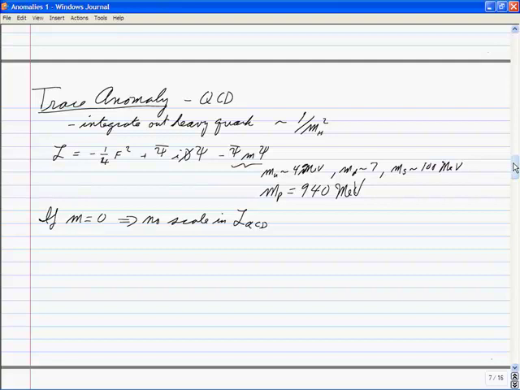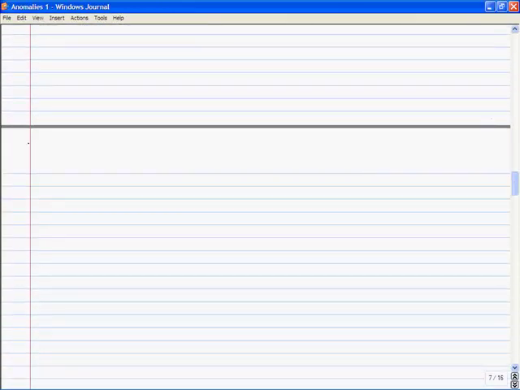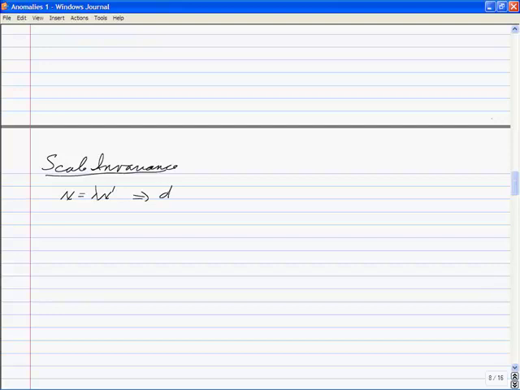And you can make this much more formal. So here's the formal way of doing it. Let's do scale invariance. Okay, we can make this based on a symmetry. We let x equal lambda x prime, then d4x is lambda to the fourth d4x prime. So we're just going to scale all our coordinates.